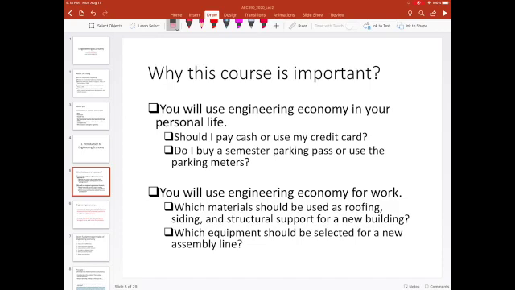Those are common decisions you're going to make in your future work. All the techniques, concepts and terminology you learn in this class will help you a lot to answer similar questions.